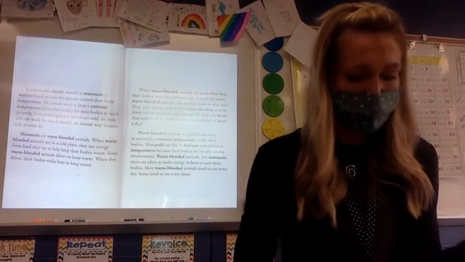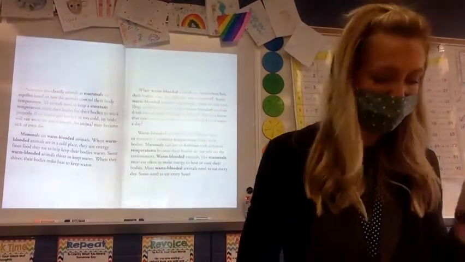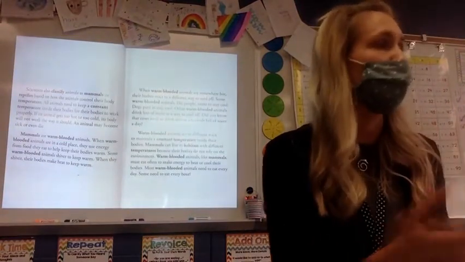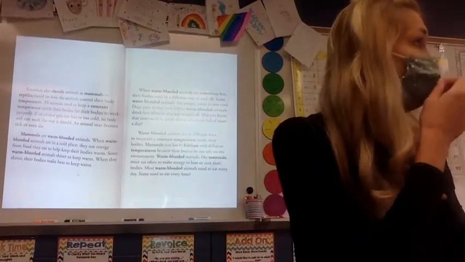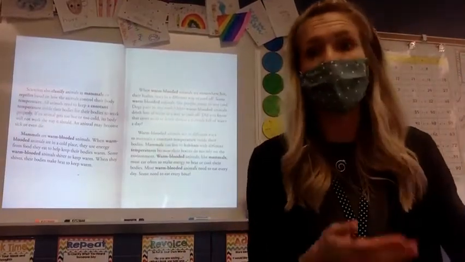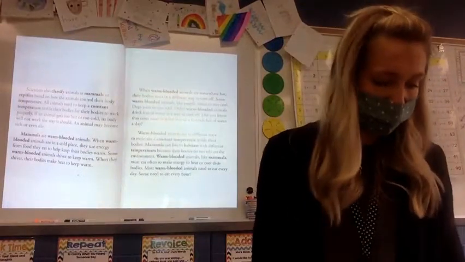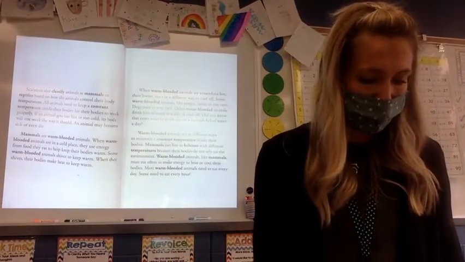Temperature is used in this chapter by itself, as will constant. When we think of a constant temperature, it's a temperature that stays the same throughout time. Temperature is how hot or cold something is.